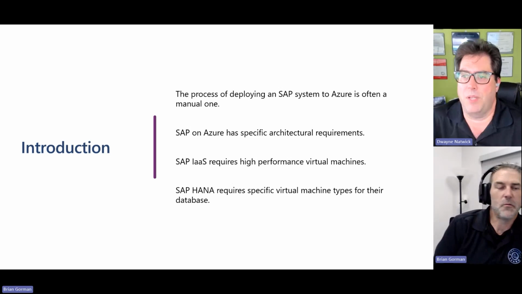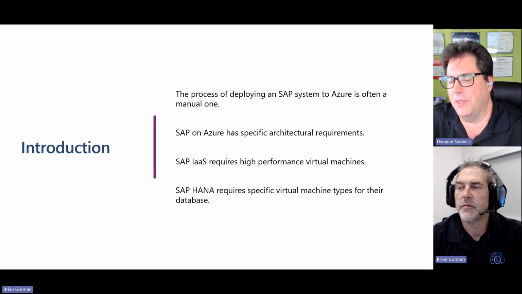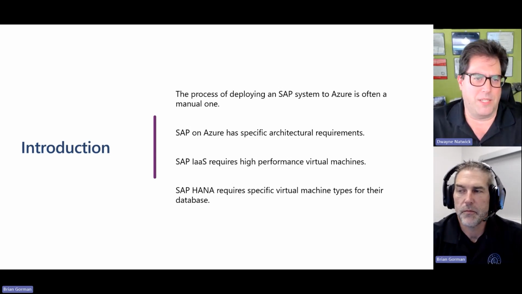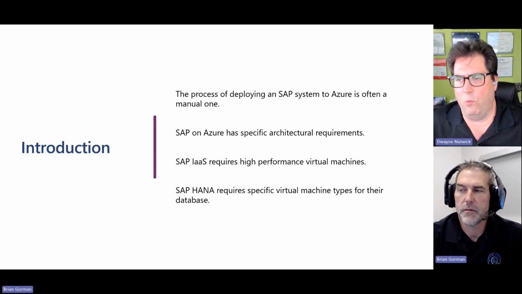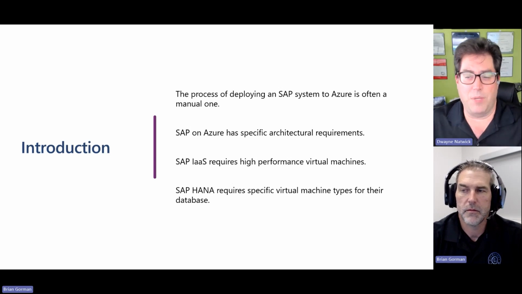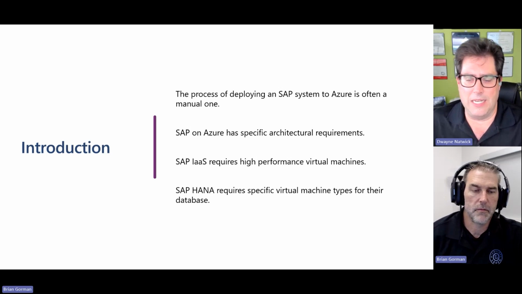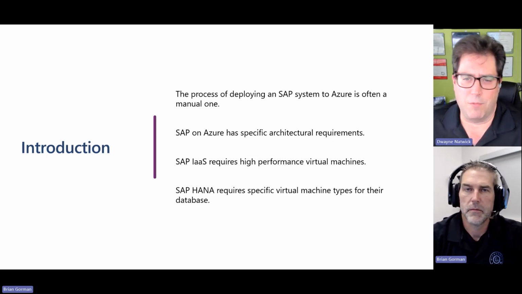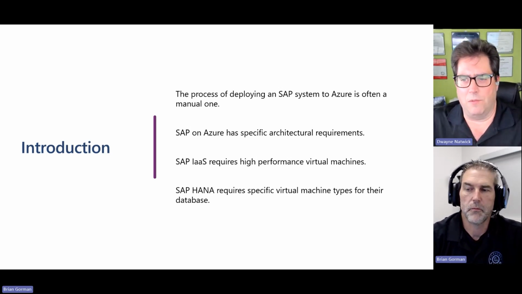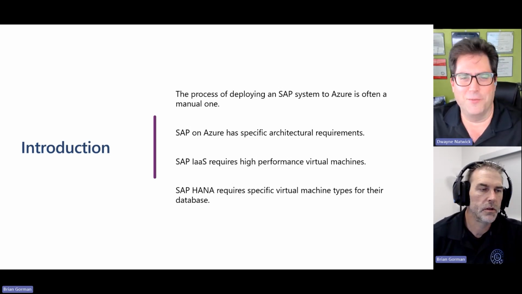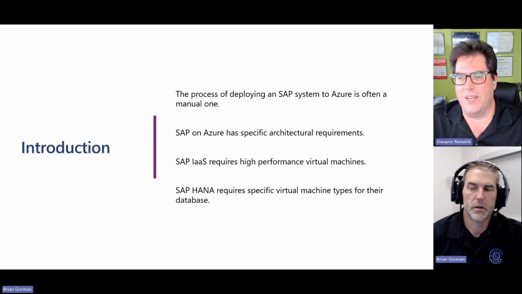So SAP, as we were saying before, this is really going to be the process of deploying an SAP system. What is specific to SAP on Azure in terms of the architecture? It is an IaaS type of deployment. SAP hasn't moved itself to being cloud native and completely platform based.